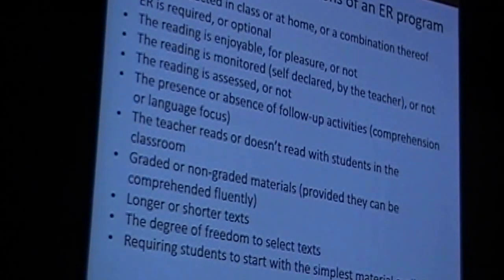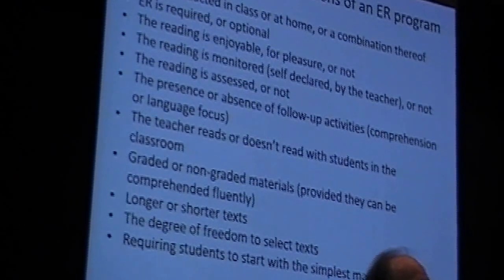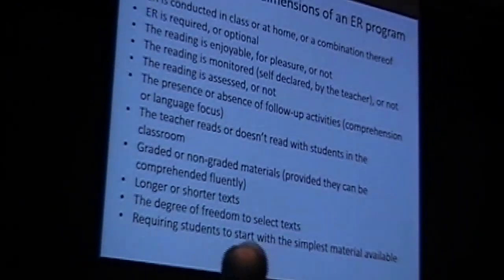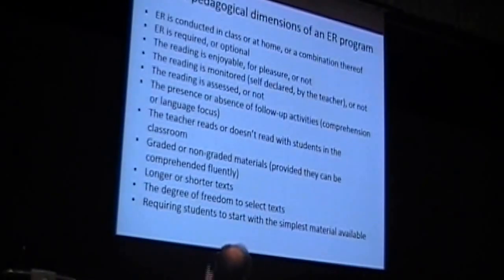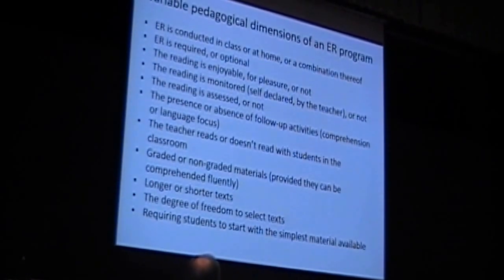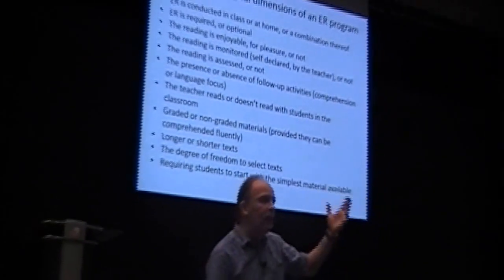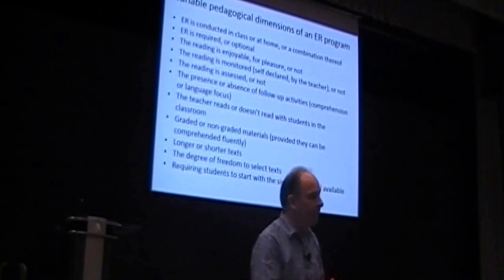And there's a lot of research that shows that even students who are required to do the reading, many of them do eventually end up liking extensive reading and extensive listening. The other dimensions are it's enjoyable, monitored, assessed, and so on. I've been through quite a few of these things before. So these are all variable dimensions within an extensive reading program.